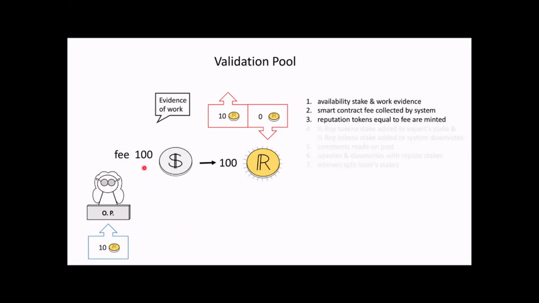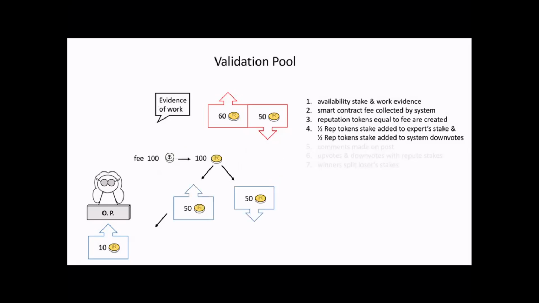If you paid $100 on a driving app for your decentralized DAO that runs the ride sharing, if the customer paid $100 to the person, it gets sent into the system, not to the person, and the system mints 100 new reputation tokens, okay, that didn't exist before. And what happens with those new reputation tokens is that it splits them 50-50. 50 of the new reputation tokens are given as upvotes, and 50 are given as downvotes.